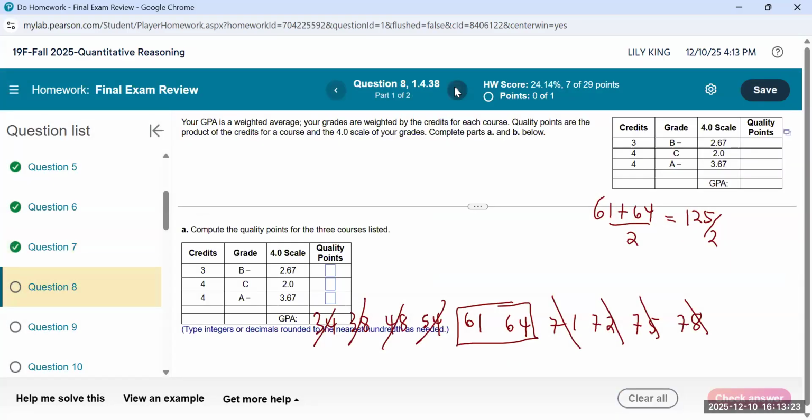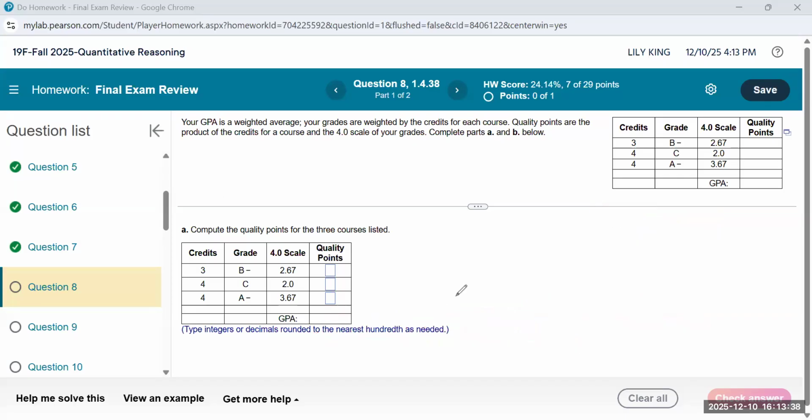Question 8. This is GPA, one application of weighted averages. Here we have a given table. The third, or last, column will help us figure out the quality points. In finding GPA, you need the total quality points, and then you divide by the total credit hours.